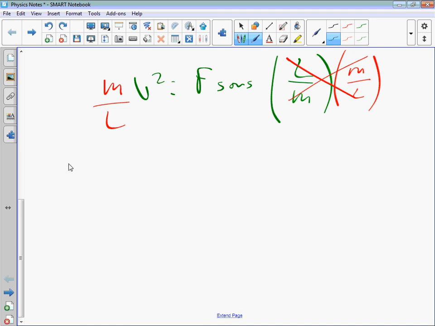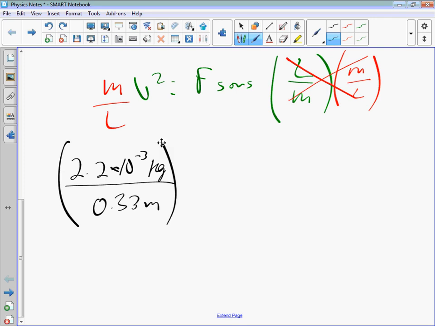So our mass was 2.2 times 10 to the negative third kilograms, our length of string, 0.33 meters. If that was centimeters, remember that you would have to make sure to change that to meters.